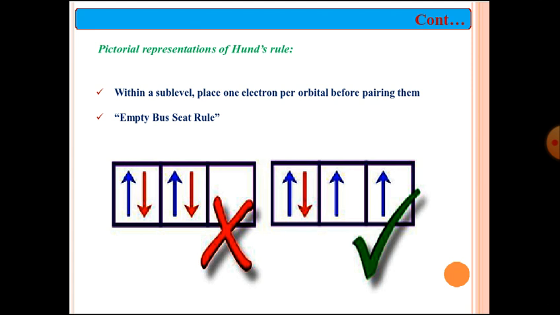That means this rule is based on the empty bus seats analogy. First fill each and every cell singly, then the remaining electrons come back starting from the first onwards. Two electrons cannot sit in the same position in the same orbital. These rules are also like Pauli's exclusion principle.